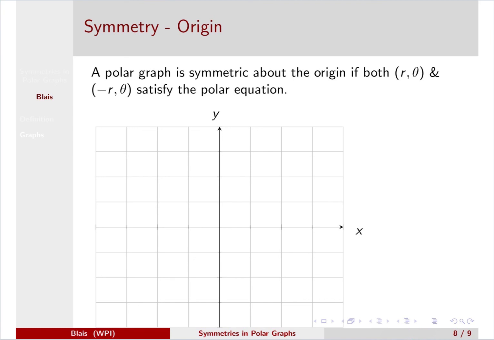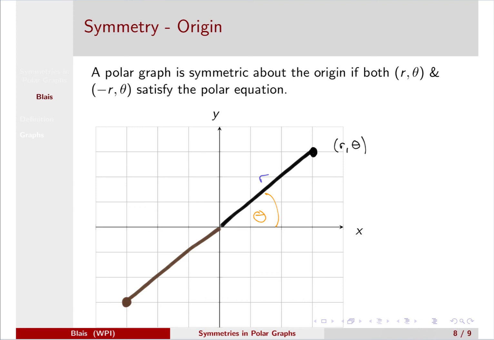The final symmetry that we'll discuss is origin symmetry. So here, again, we have our point, r theta. And if we want to look at its reflection through the origin, this one is fairly natural to see. If this is our r theta, one quick way we can do this reflection is by taking this point r theta and multiplying the r by -1 to reflect it through the origin.